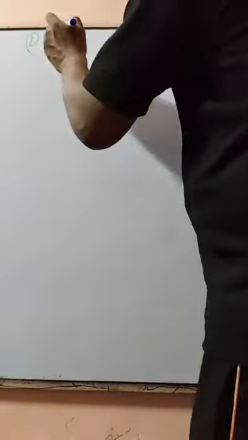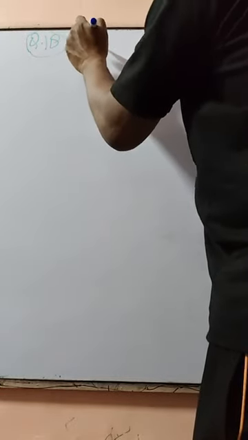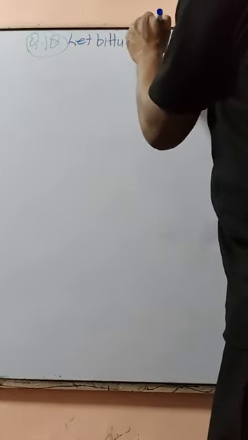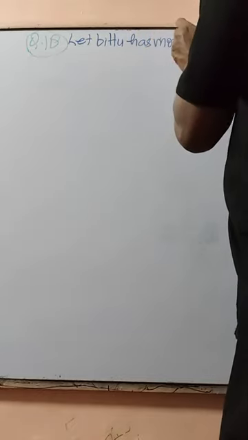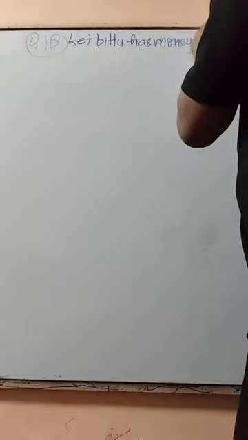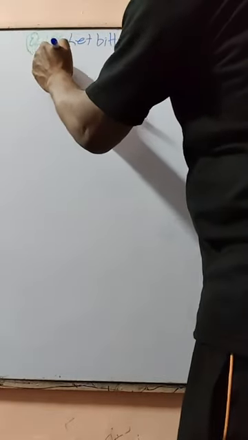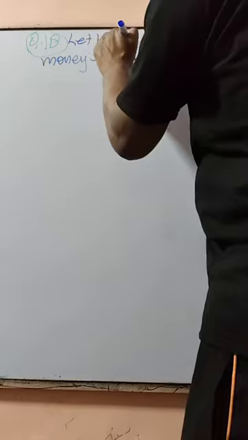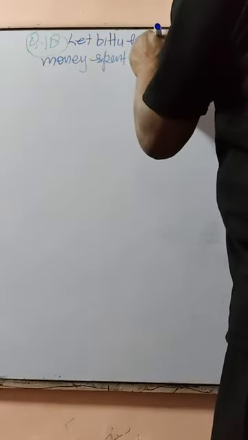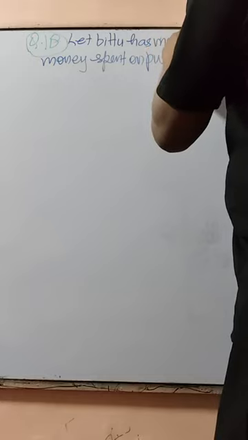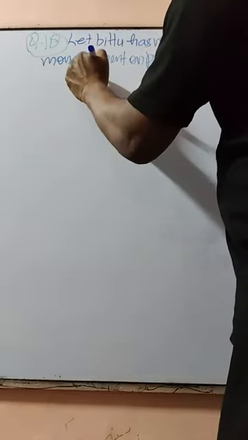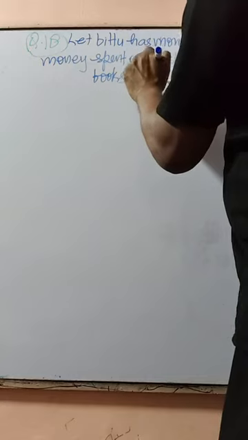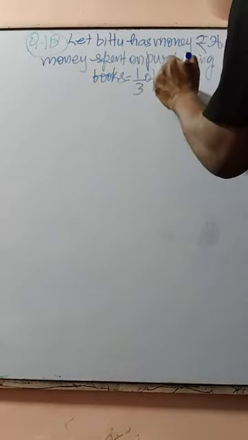Here, let Bittu has money, rupees X. Money spent on purchasing books is equal to 1/3 of X, that is X by 3.